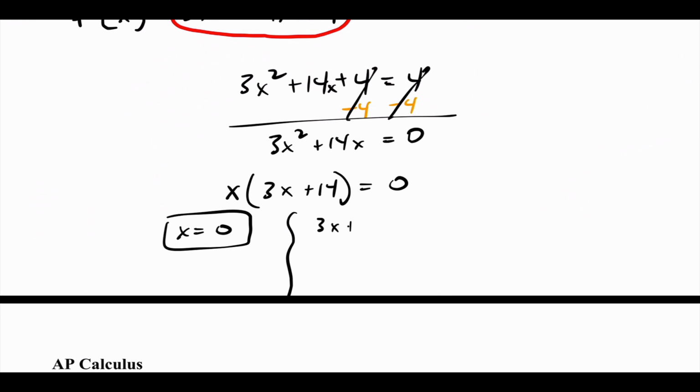Set 3x plus 14 equal to 0. Divide by 3. You get x equals negative 14/3.